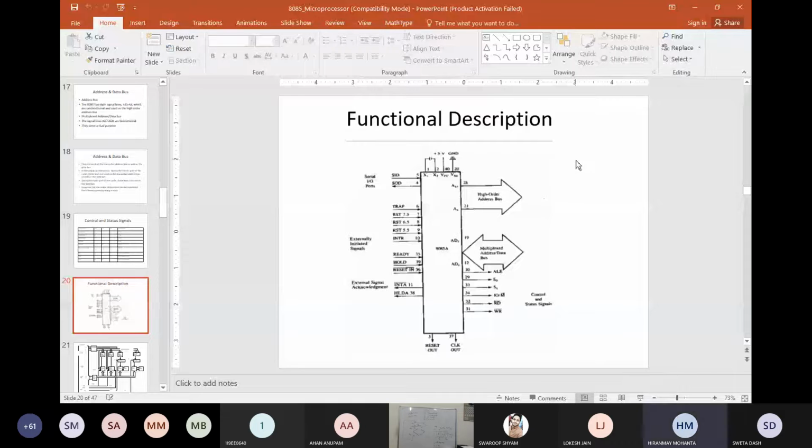Memory read and memory write, reading data from the memory and writing data into the memory, can be categorized as one job. The second thing is IO read and IO write. That means we have peripheral devices, and from there it will try to read and again try to give output. This actually requires interfacing. This is peripheral activity.